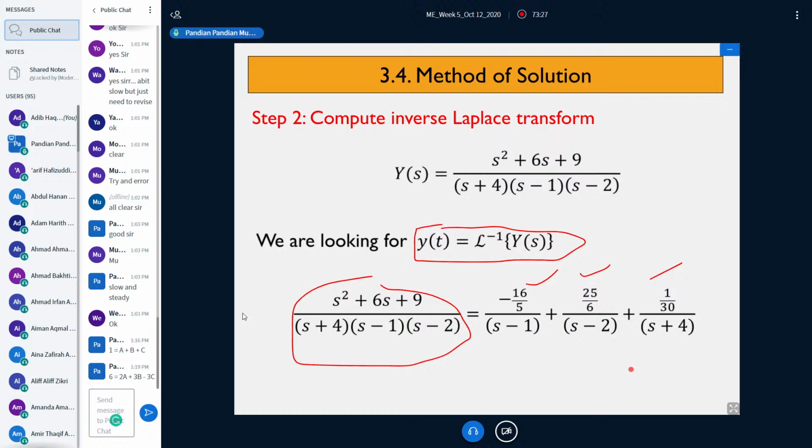Now the third equation, s power 0. Nine on the left hand side, equals minus 8A minus 4B plus 2C.